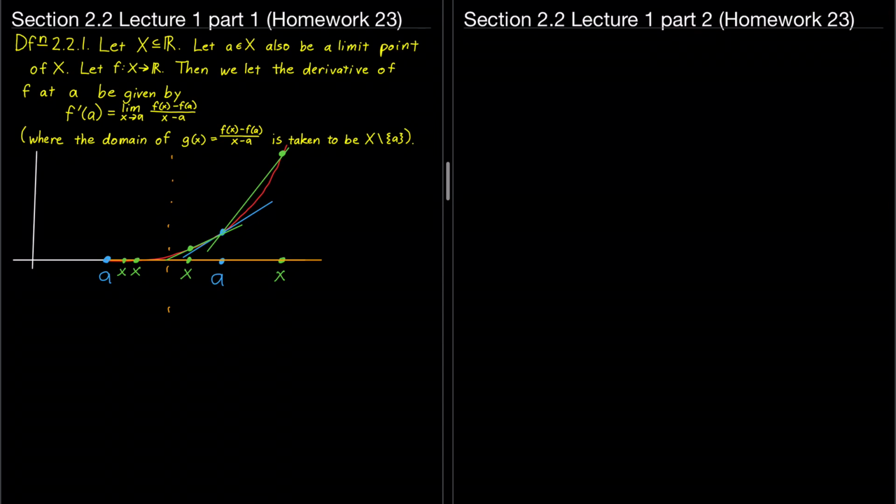So here is an important result about differentiable functions.